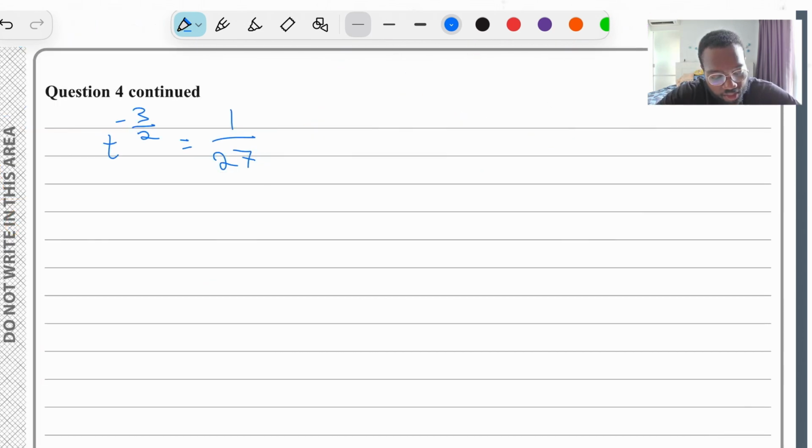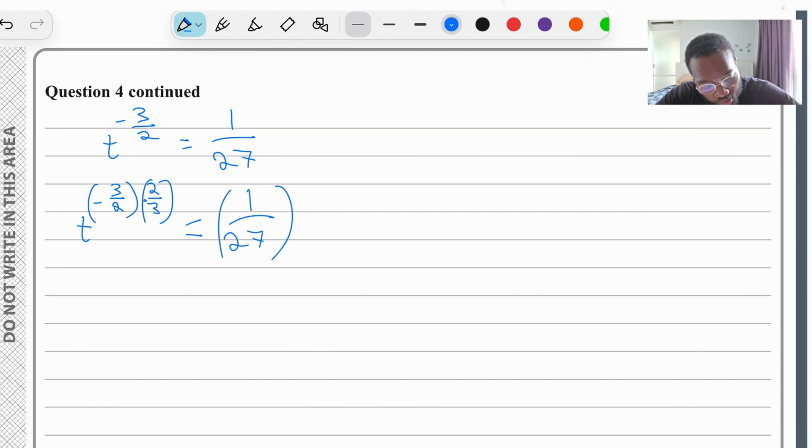So if t to the power of minus 3 over 2 is equal to 1 over 27, we can raise everything to the power of minus 2 over 3.